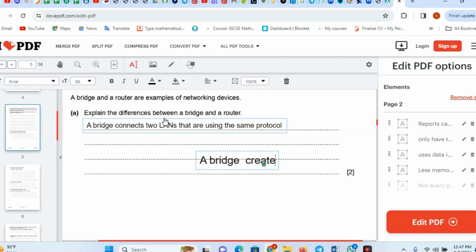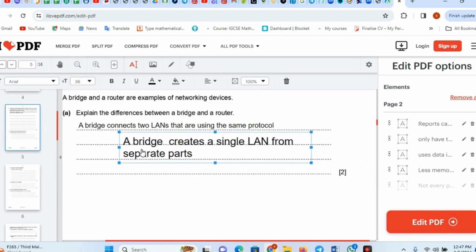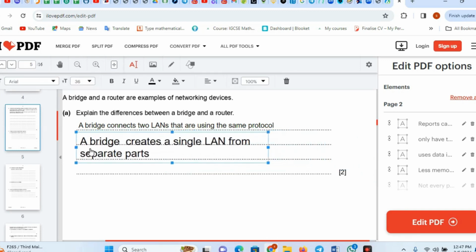A bridge creates a single line from separate parts.